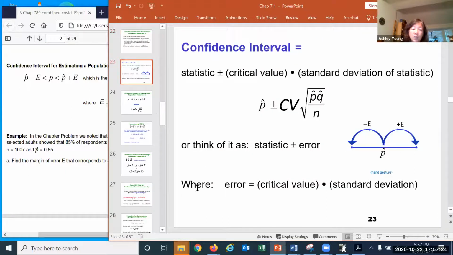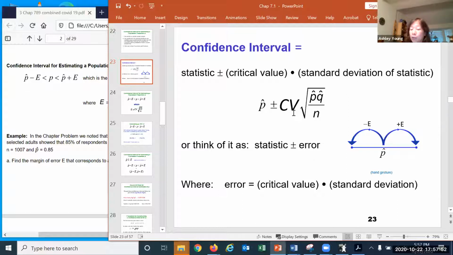All right, so confidence interval. Again, you take your statistic, in this case P hat, and you add and subtract your error, which is your critical value, the number of standard deviations you want to go away from the mean, multiplied by what a standard deviation is. So that's your critical value multiplied by the standard deviation of the proportion, the square root of P hat Q hat over N. Think of it as statistic plus or minus your error.